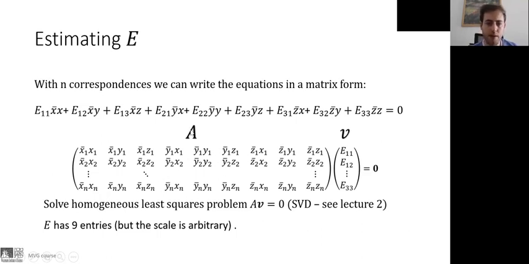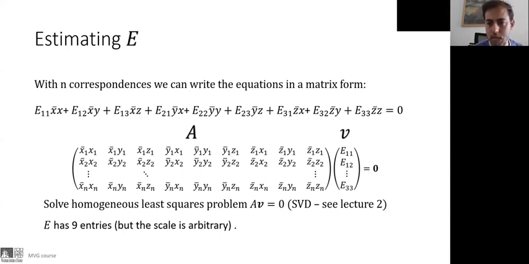All the elements here are knowns from my point correspondence set, and I don't know V. But I solve V using the homogeneous least square solution, and then I reshape it to be my solution for the essential matrix. The problem is that this is not an essential matrix. It might satisfy my equations, but it's not satisfying my constraints for being an essential matrix.